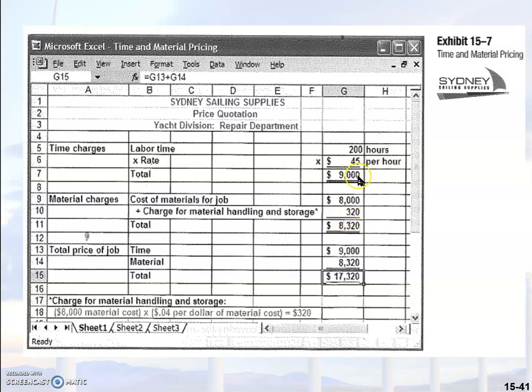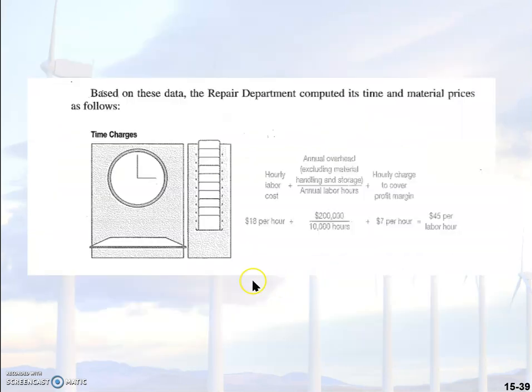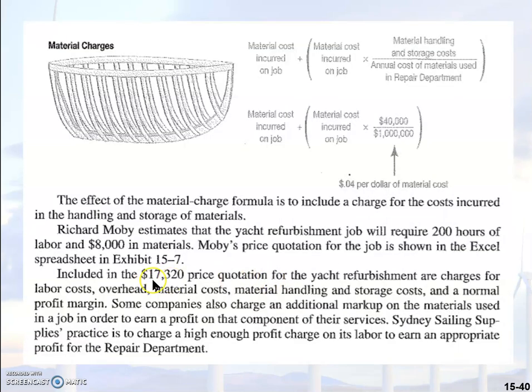Adding the two, 9,000 and the material charges, we have 17,320. So we see that the 17,320 price quotation for the yacht refurbishment covers charges for labor costs, overhead, material costs, material handling and storage costs, and also a normal profit margin.